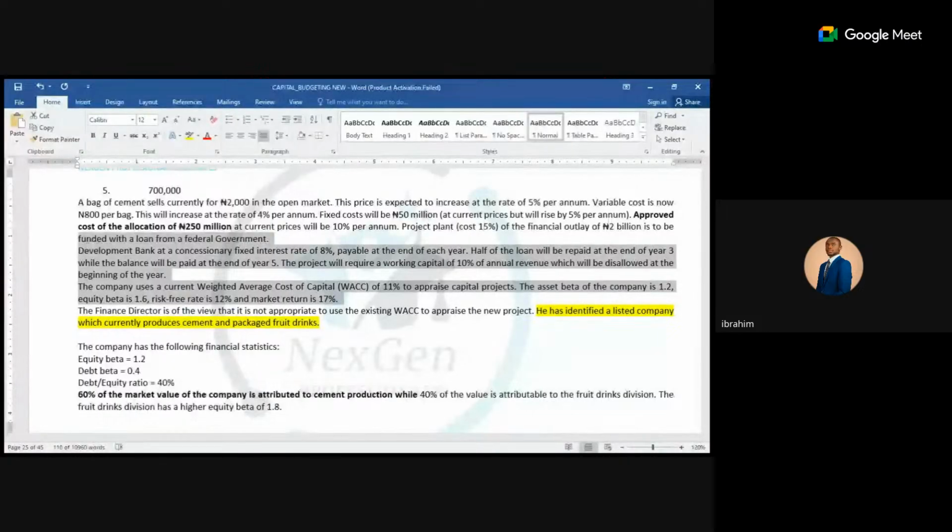If I want to state my assumption, I will state that the beta debt of the main company is assumed to be 0.